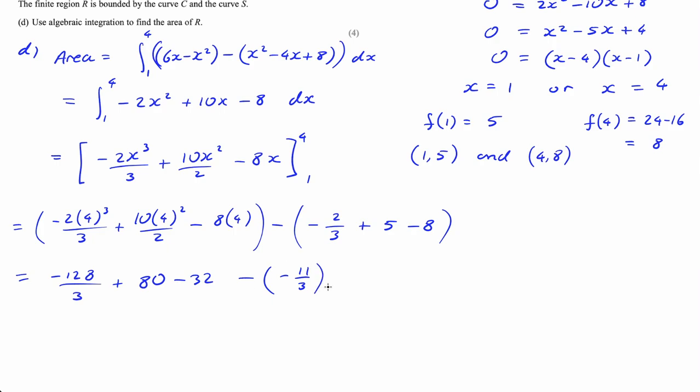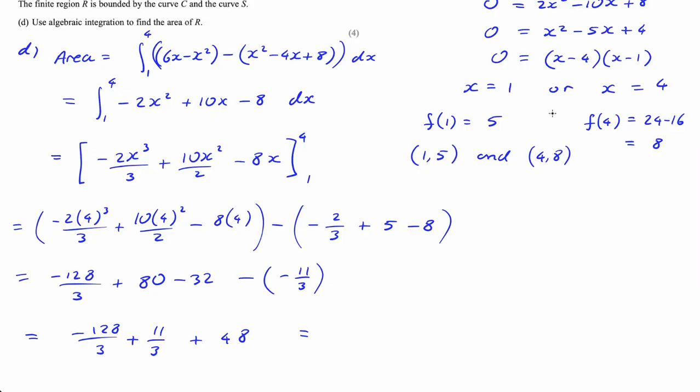That's going to be plus 11 over 3, so it's minus 128 over 3 plus 11 over 3, and then plus 48.